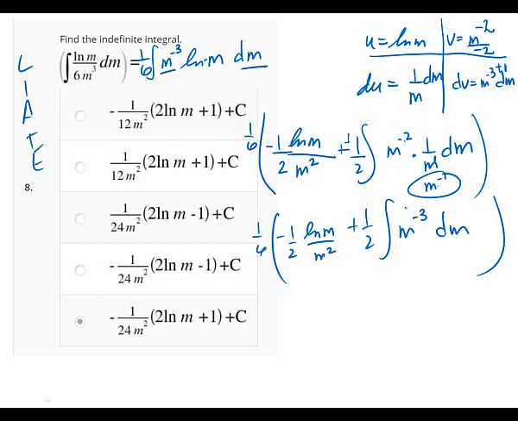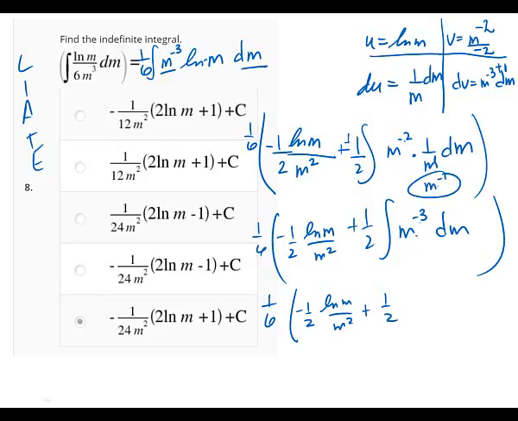All right? So we've got 1/6. I'm keeping this negative 1/2 natural log of m squared, and the 1/2's going to hang out. Do the 1/2s cancel? No, not at this point. But they're going to factor out in a minute.